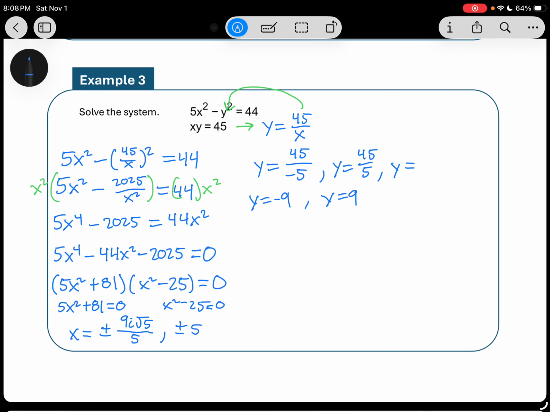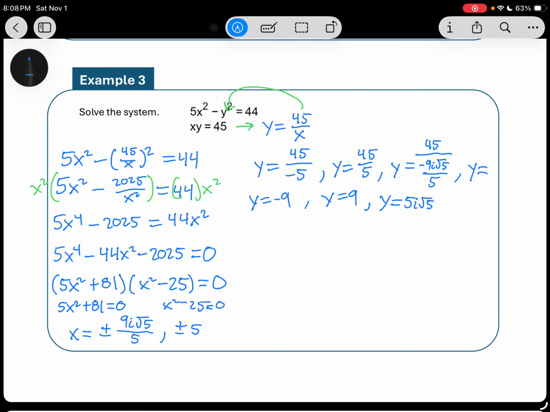We've got y is equal to 45 over, let's do the negative, 9i root 5 over 5. Luckily, your calculators will be able to handle that. So just type that in, and it will tell you that y is equal to 5i root 5. So that's really nice that our calculators can do that.